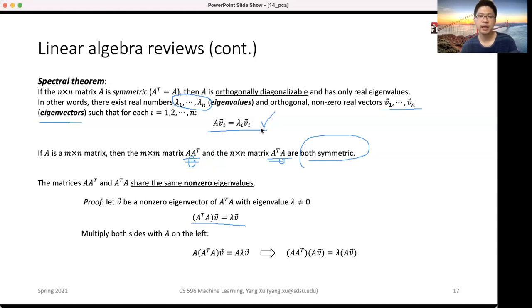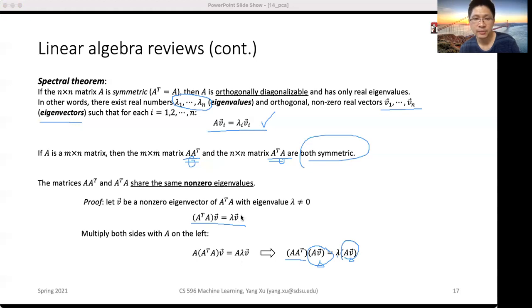Then if we multiply both sides with A, we can have the following equation, which means A times A transpose times the vector AV equals lambda times the same vector. So lambda is also an eigenvalue for A times A transpose.